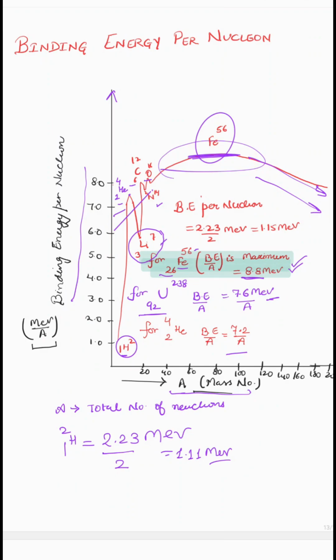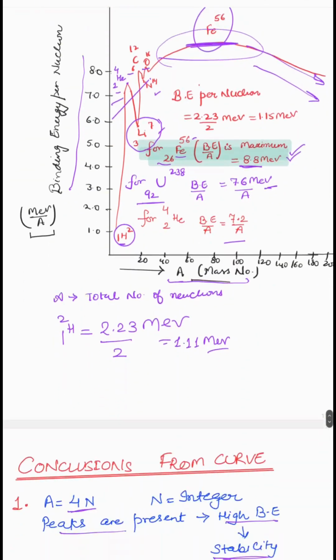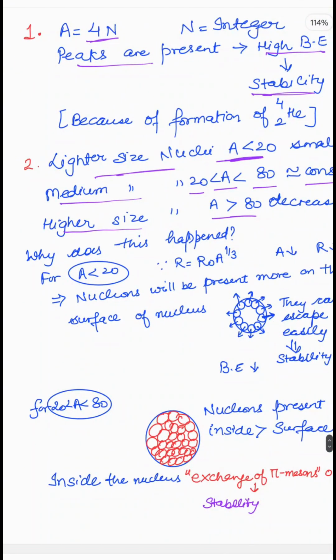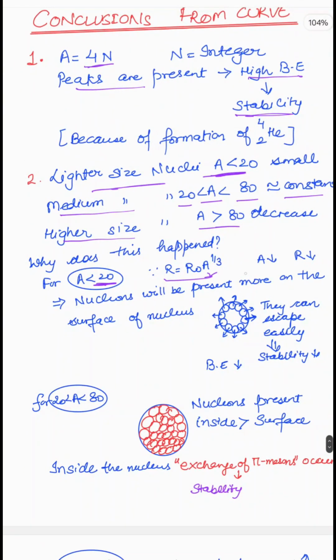Now the question arises why this is happening. If we study A less than 20, the smaller the value of A, the smaller would be R, because R and A are directly proportional to each other. Nucleons will be present more on the surface.